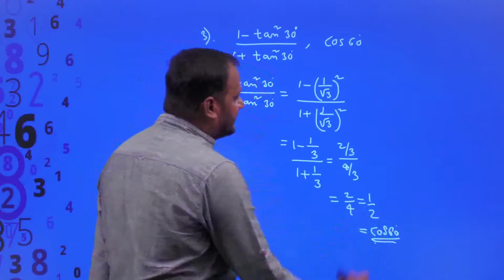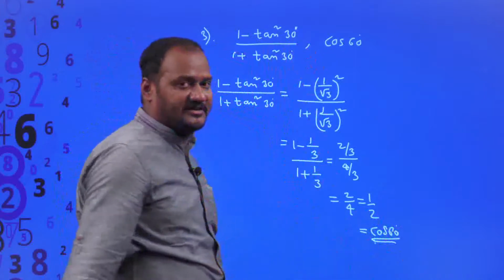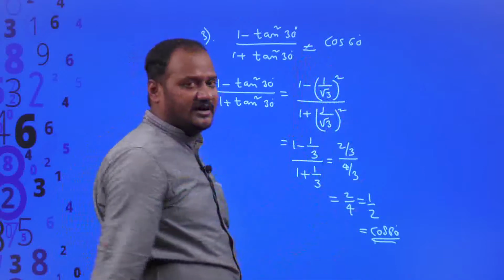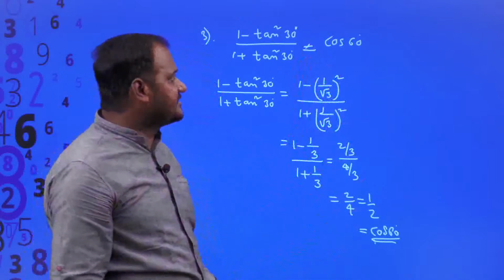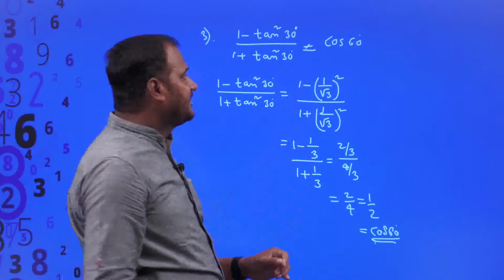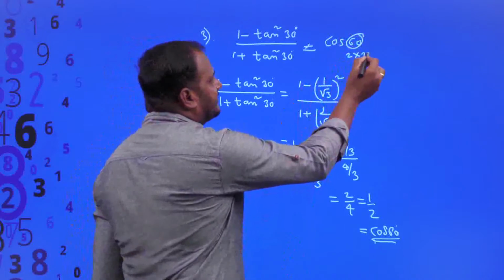So what did you observe here? You can understand that the value of 1 minus tan square 30 by 1 plus tan square 30 is equal to cos 60 degrees. And how can you write this 60 degrees? 60 degrees as 2 into 30 degrees.